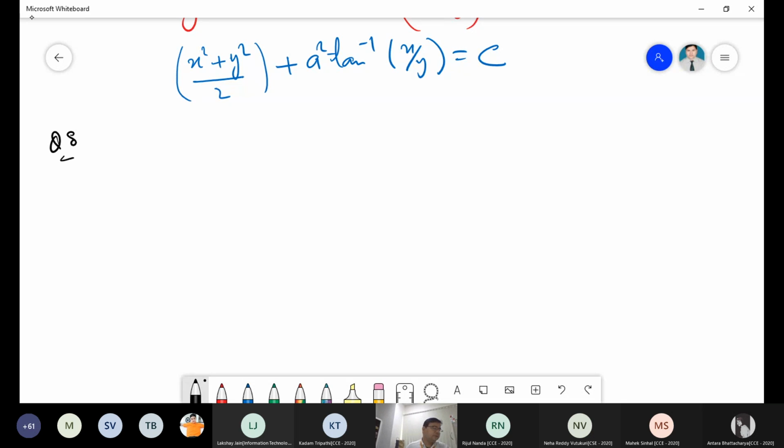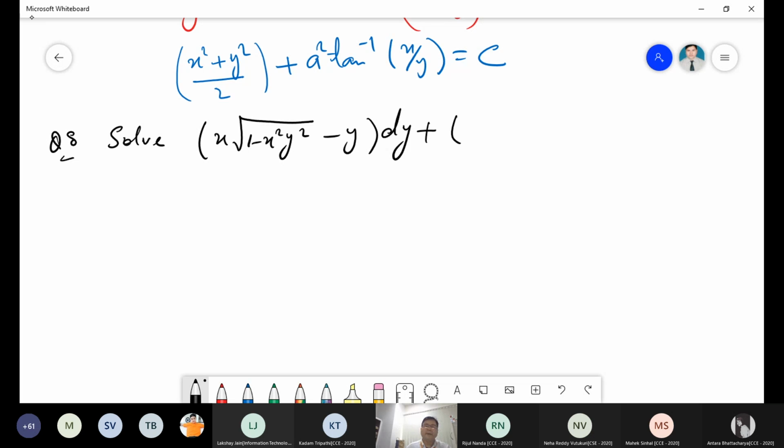Question number 8, solve: bracket x square root of 1 minus x square y square minus y. These are very selected questions, especially for you guys for section C only. x plus y square root of 1 minus x square y square dx equal to 0.